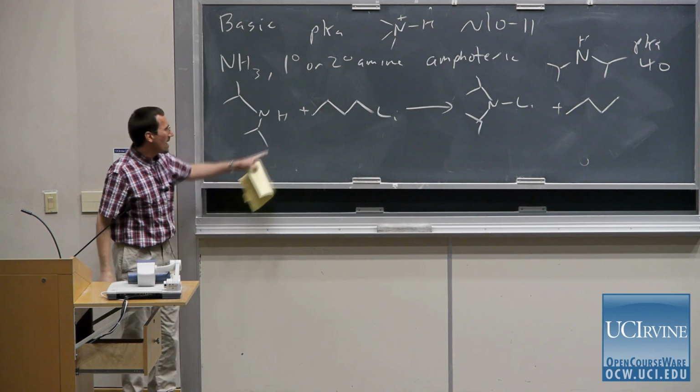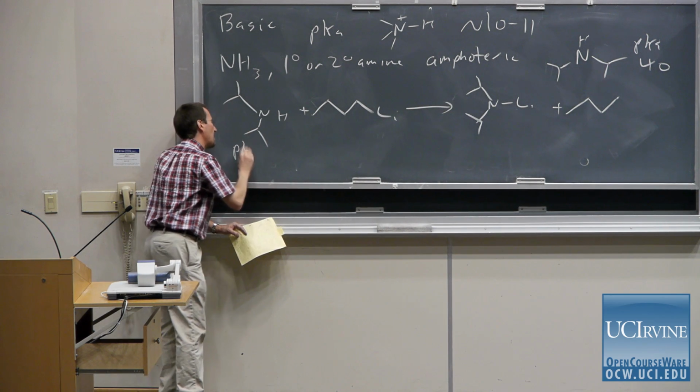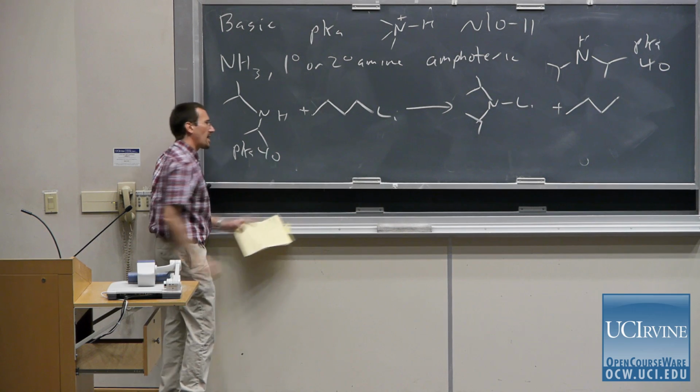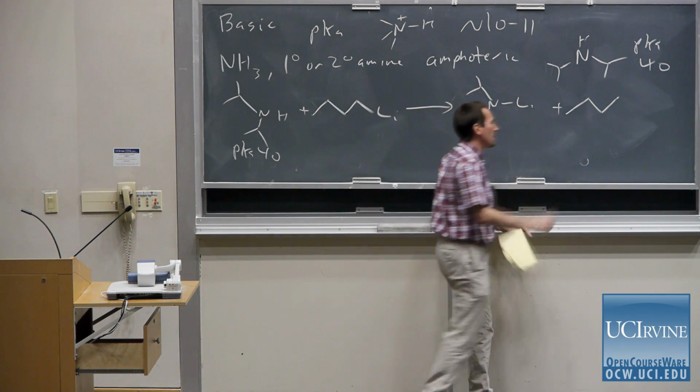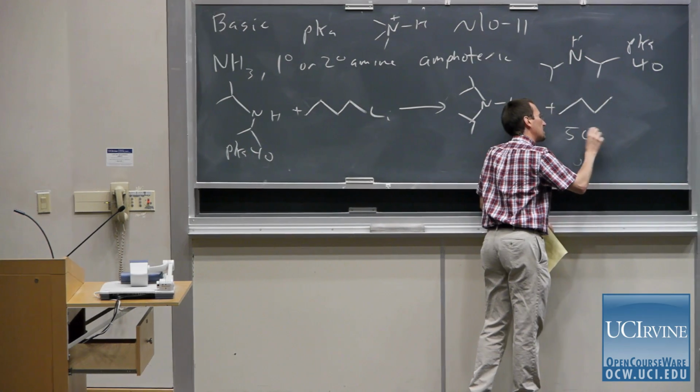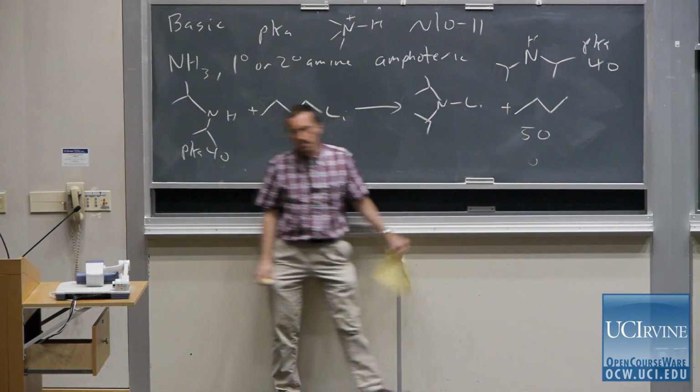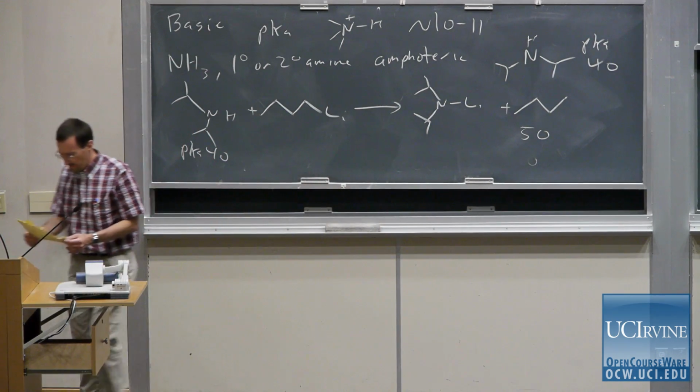And here what we're saying is an acid, pKa 40, reacts with a very strong base to give a slightly less strong base, and the conjugate acid of butyllithium is butane, pKa about 50.